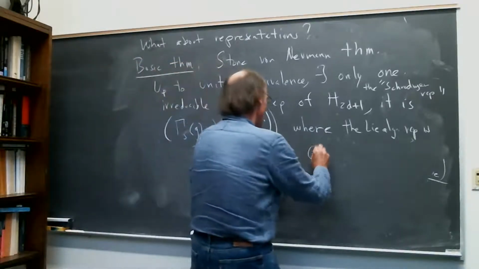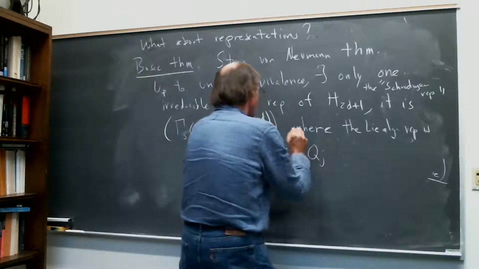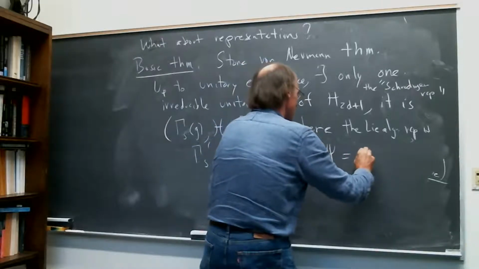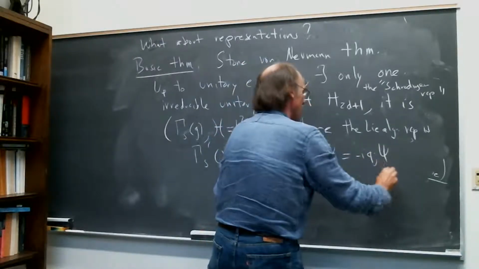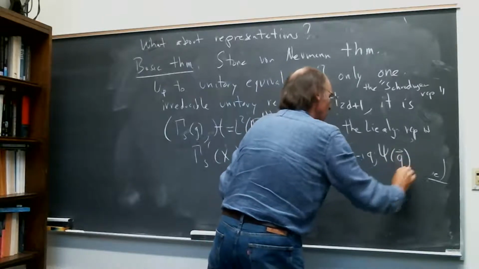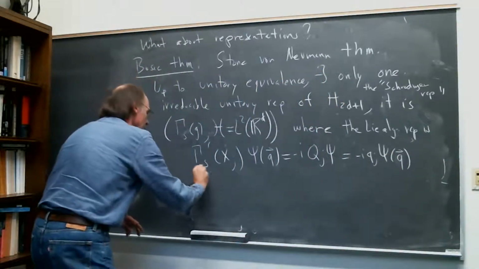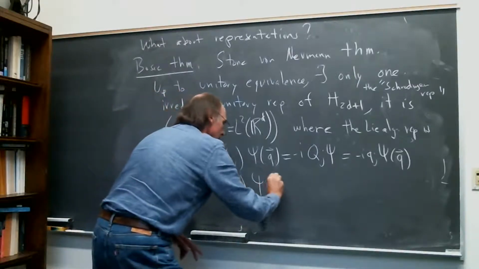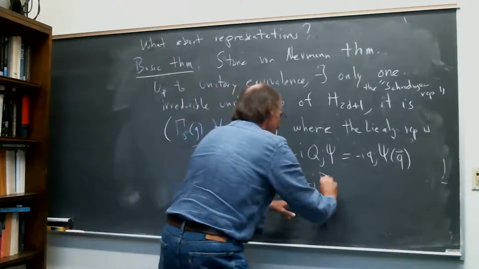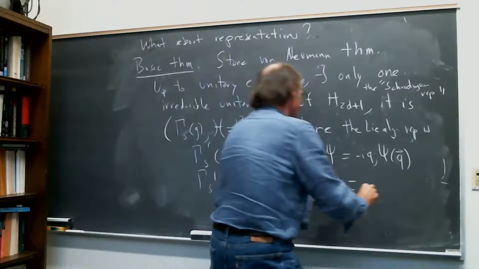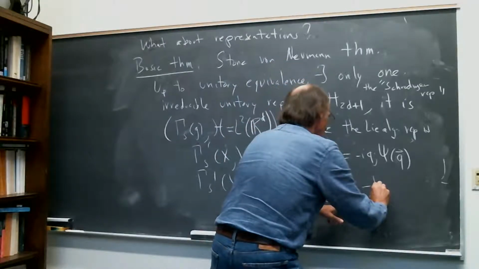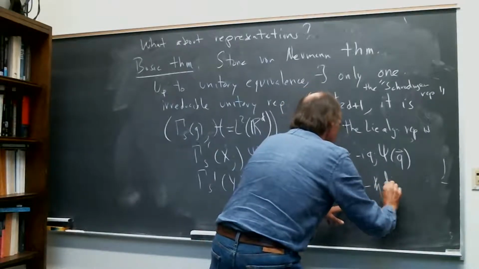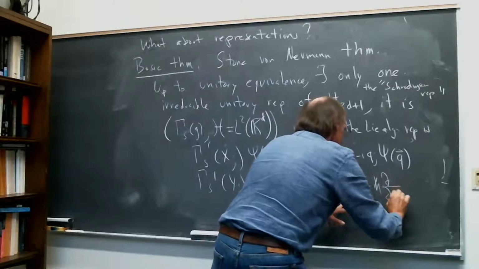So you take the q_j and put in a minus i, and that's just minus i q_j psi of q vector. And then on the y_j's, you take minus i p_j. So that's minus h bar d by dq_j.